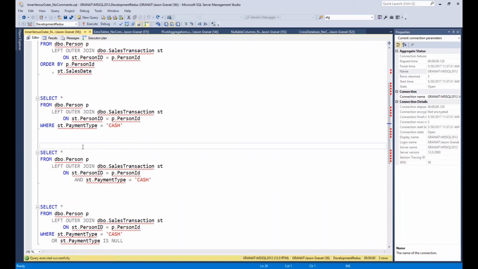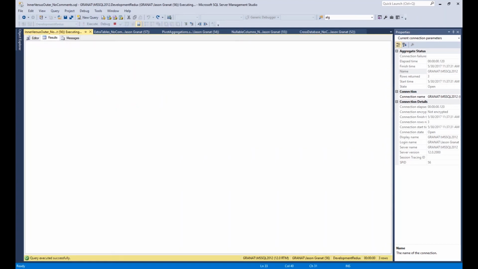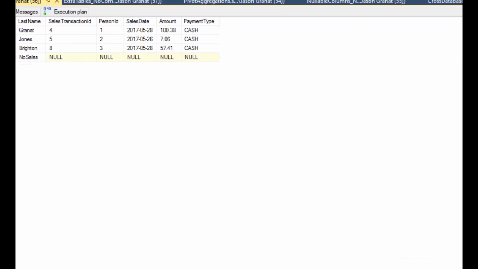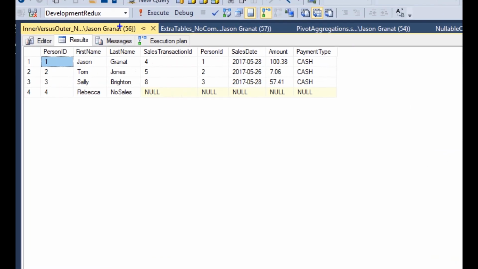So what if we push that where clause into our on statement? From a data perspective, maybe this is more what you were interested in seeing.